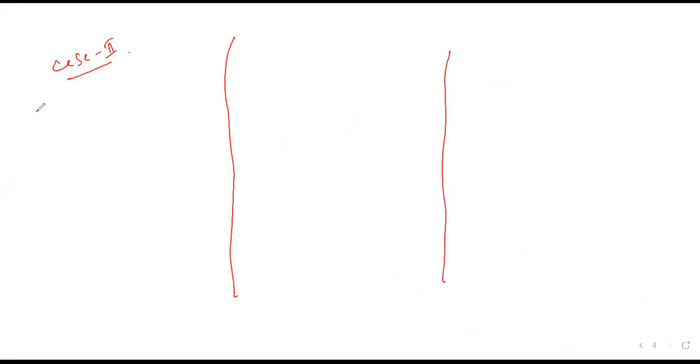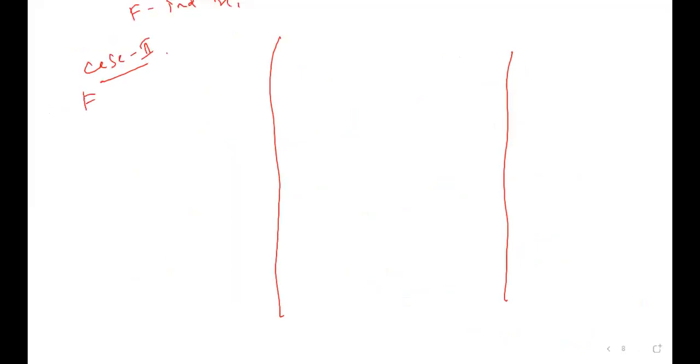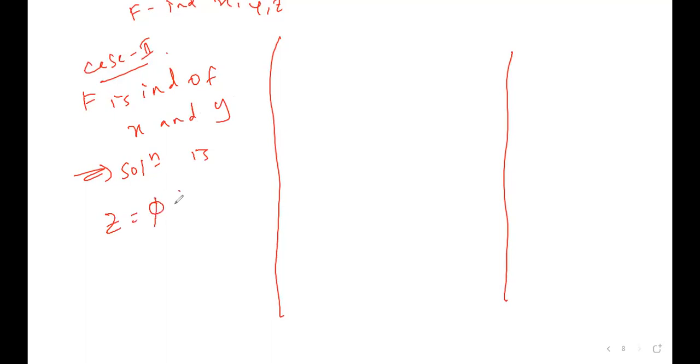Let's say the first case is F is independent of x, y and z. But case number 2 is F is independent of x and y only, not of z; z will be there in the equation. In that case the solution is z is equal to phi of x plus ay.